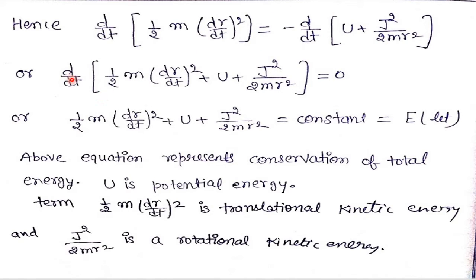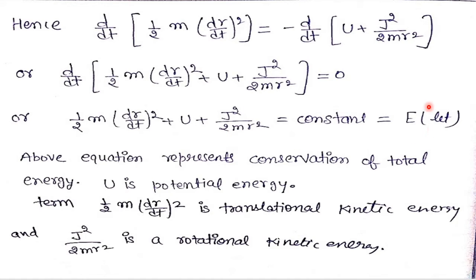Rearranging this equation, we get d/dt because this is the same on both sides. So d/dt of half m (dr/dt) square plus u plus J square upon 2m r square equals 0. So this term will be constant: half m (dr/dt) square plus u plus J square upon 2m r square equals constant.